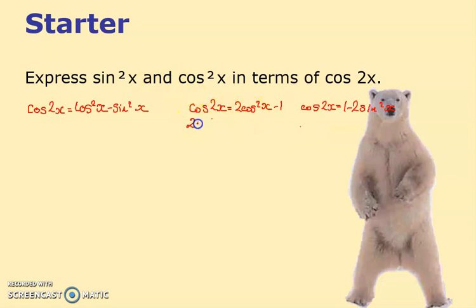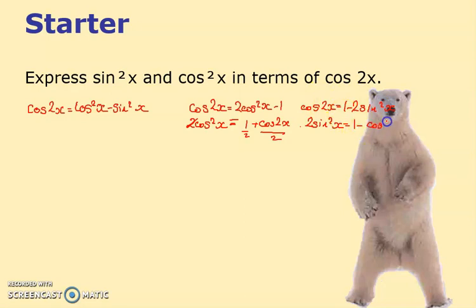So you can clearly see that 2 cos squared x equals, effectively it moves over, 1 plus cos 2x. And if I divide everything by 2, I get that. Or alternatively, I can write 2 sine squared x as 1 minus cos 2x, these basically swap places.